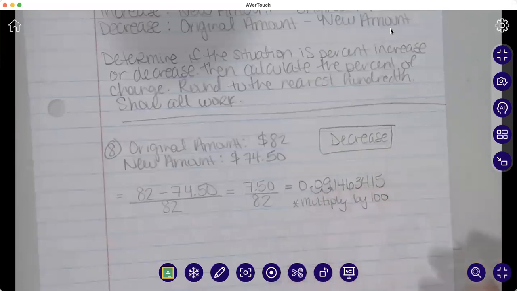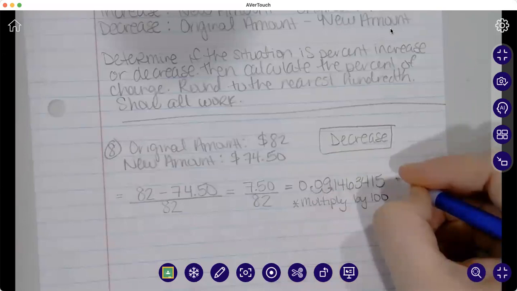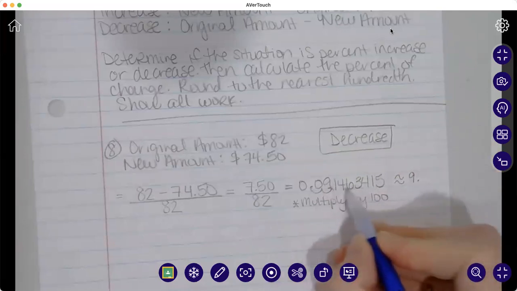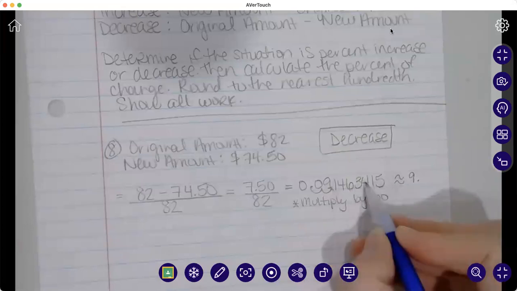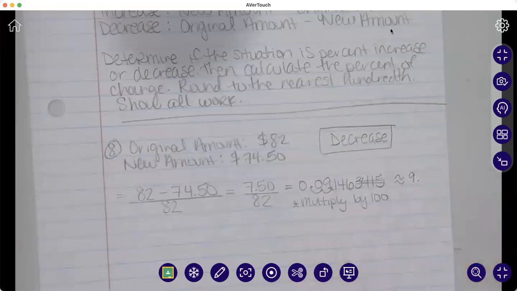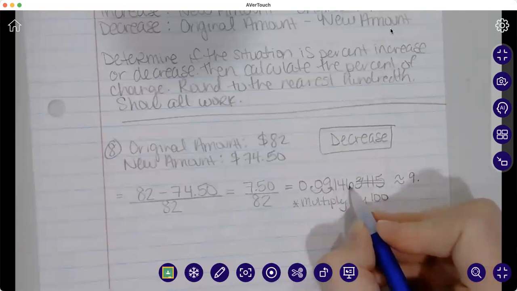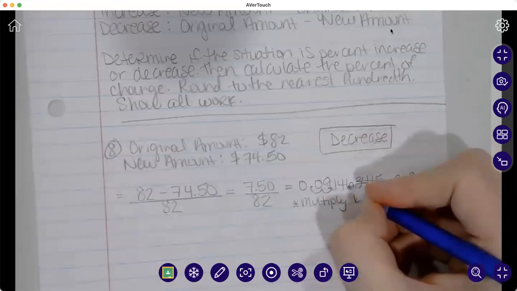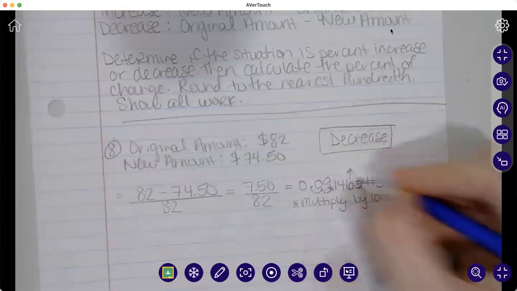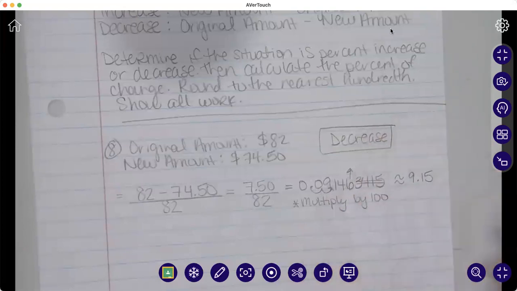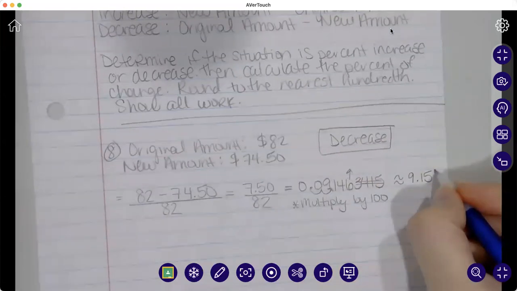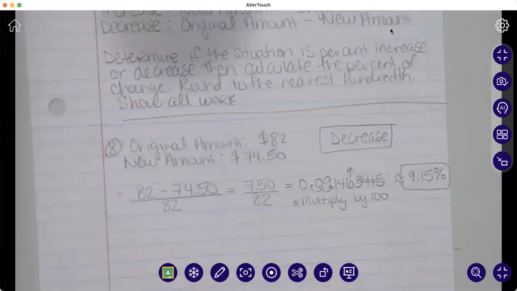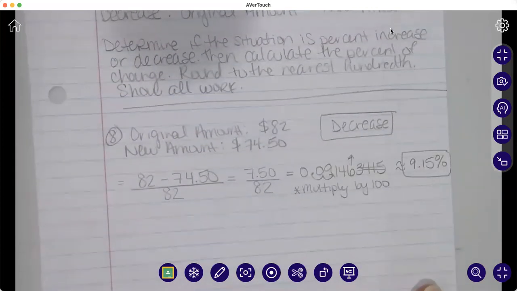So that means this turns into approximately 9 point, and let's look at the next numbers, 146. So that this does not actually end up mattering. The 6, however, does tell me if I'm increasing or decreasing. Well, since 6 is above 5, that means I'm going to increase to 1.5, and this is a percent. So therefore, this was a decrease of 9.15%.